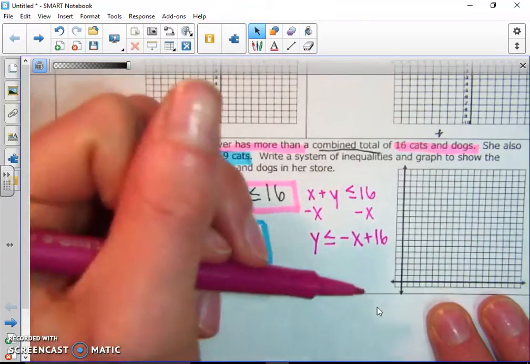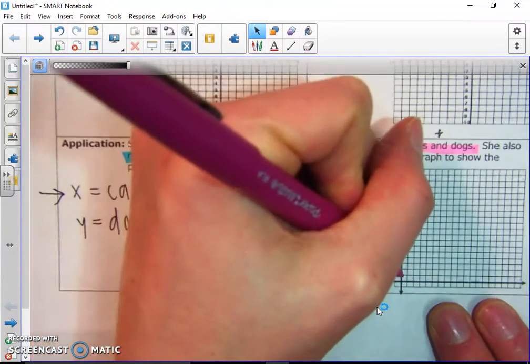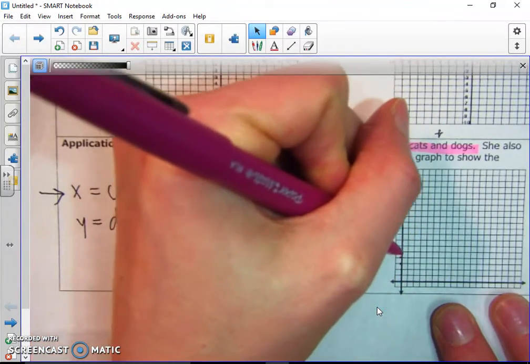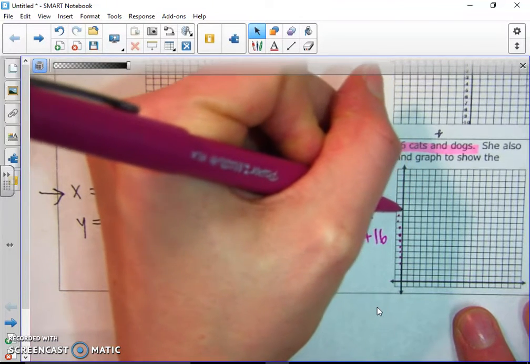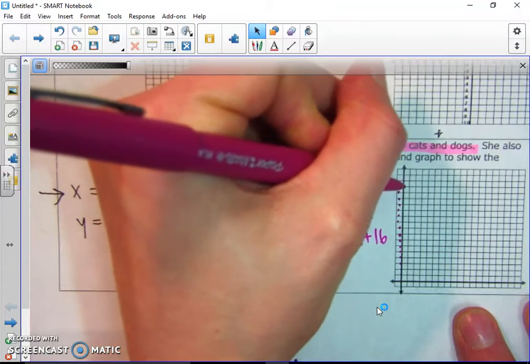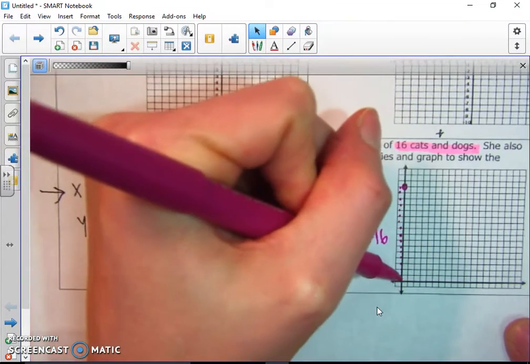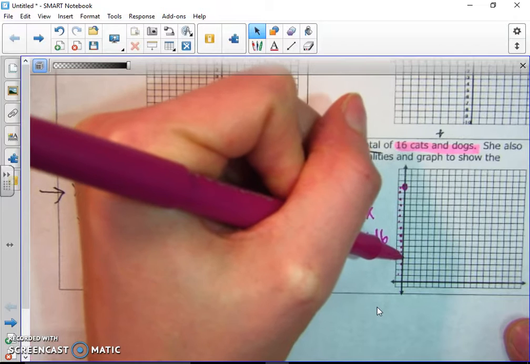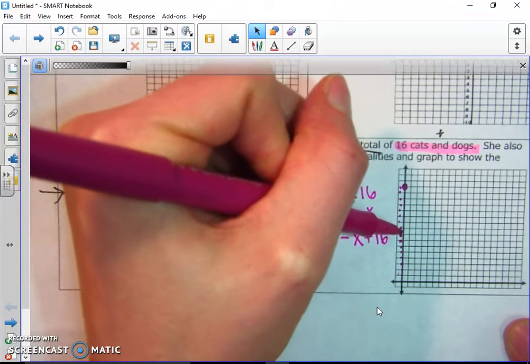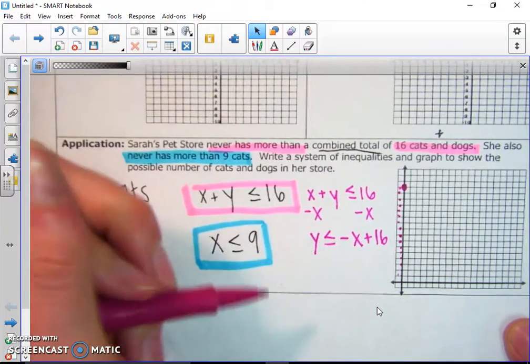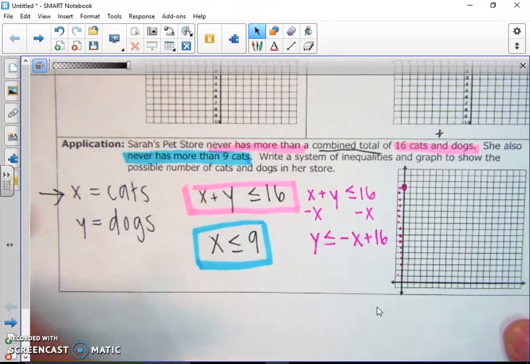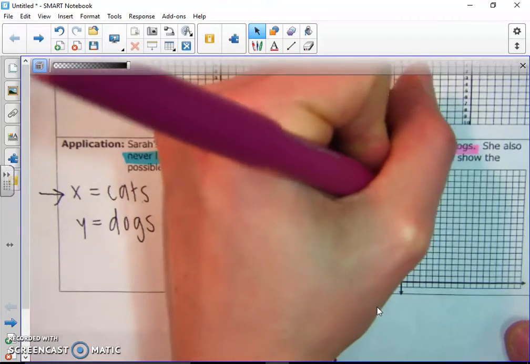So it's got a y-intercept of 16. Let me just count that again. Okay. And then it's got a slope of negative 1 over 1. So down 1 over 1, down 1 over 1.